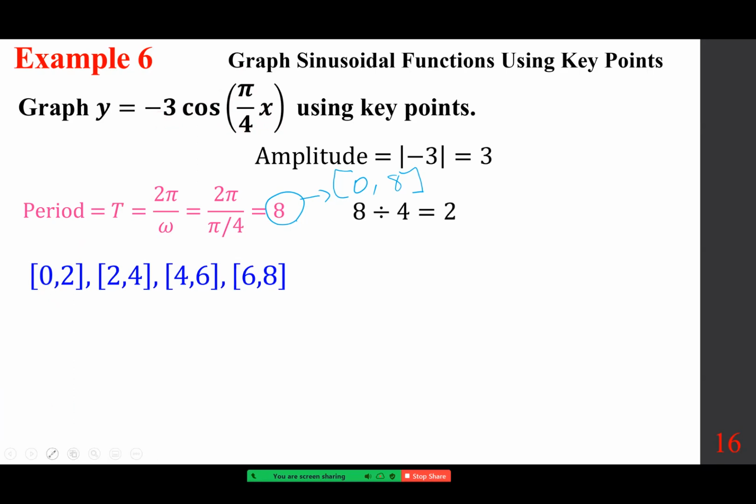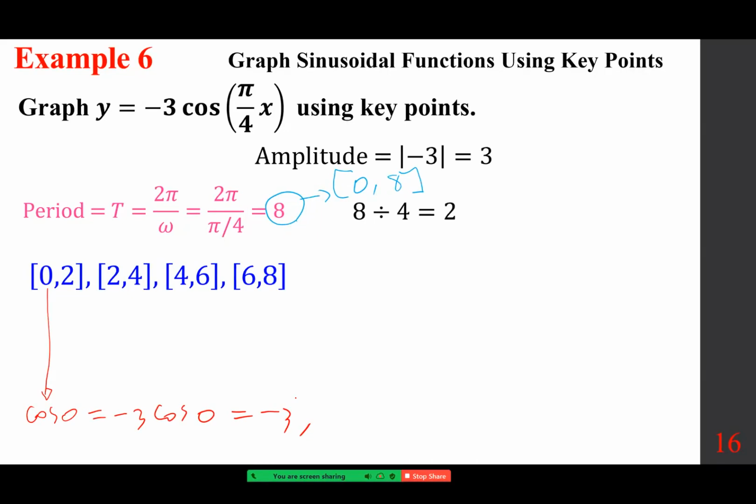So minus 3 cosine of 0 is minus 3, because cosine of 0 is 1.